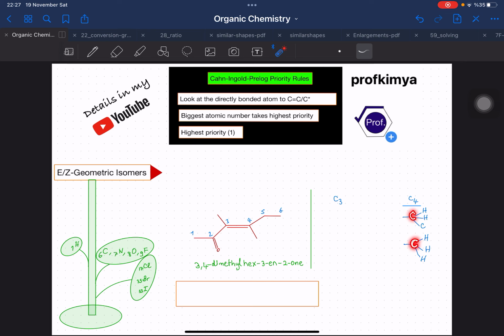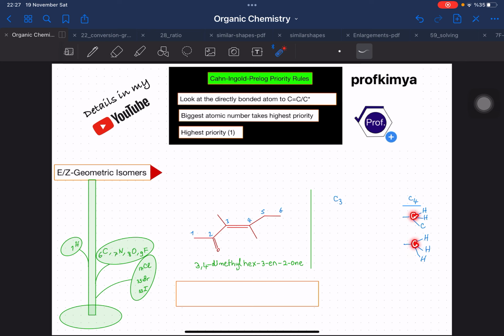Both are carbon atoms connected directly to the C4. So I cannot decide a priority. So I have to look at the next atoms connected to these carbon atoms.